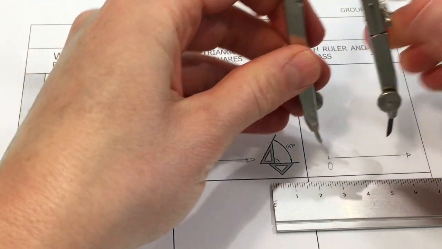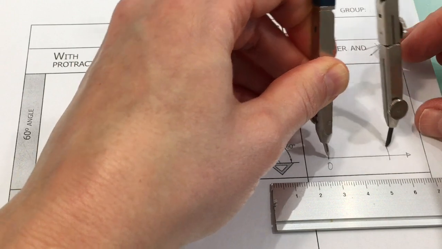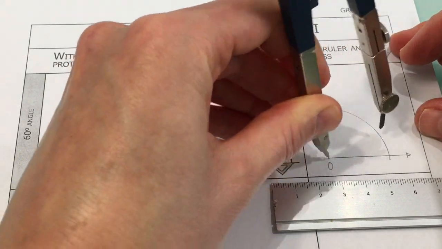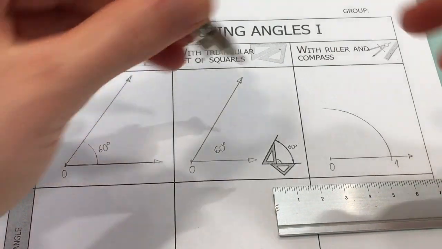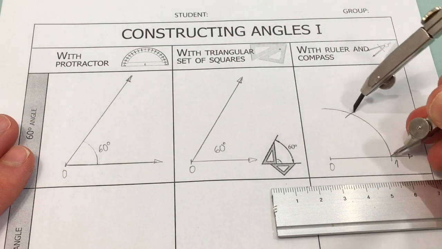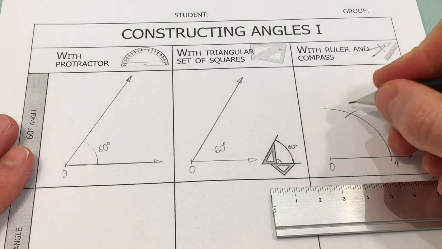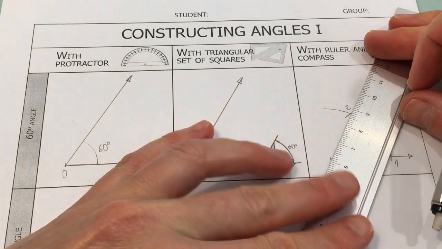Never mind how much you open the compass, if the two arcs have the same radius, the angle will be 60 degrees. The first arc intersects the rays at point 1. Set the point of the compass at 1 and make a second arc. This is point 2. When connecting point 2 with the vertex, you get an angle of 60 degrees.